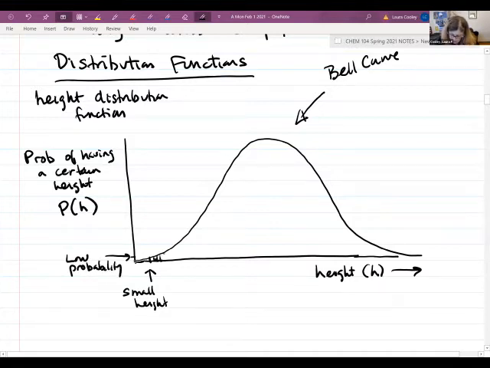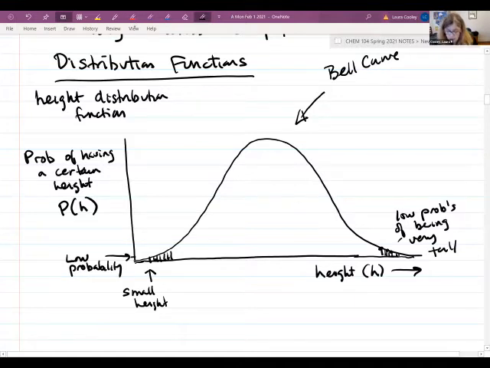So these heights over here, there isn't that great of a probability that someone would be that short. And also over here where the basketball players are, these probabilities, which are indicated by the Y value of the curve, are low probabilities of being very tall.